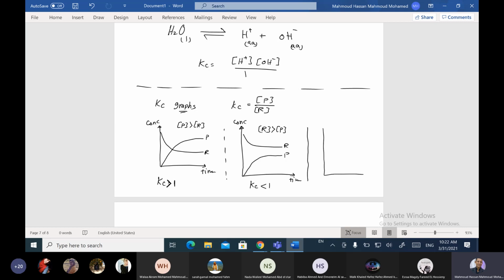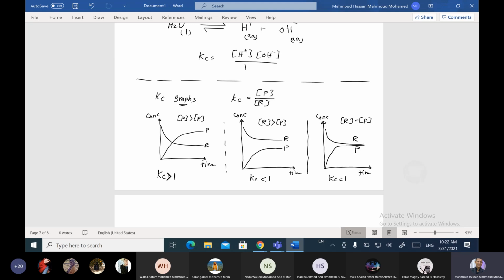Another graph of concentration and time, where the concentrations of the reactant and the product are equal. So the Kc in this case equals 1.